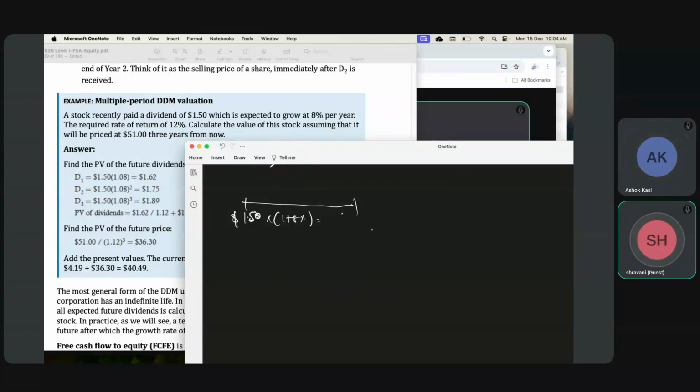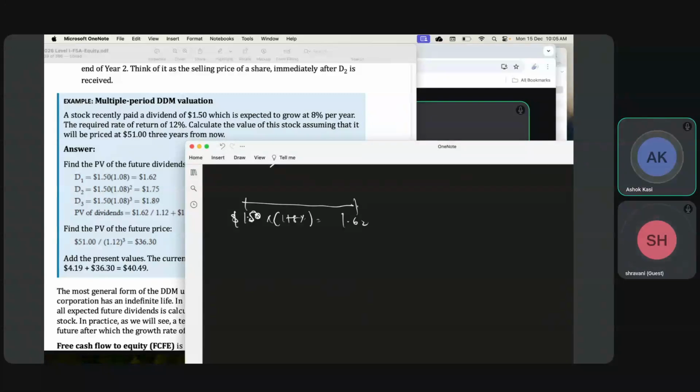And it will also be priced at 51, 3 years from now.